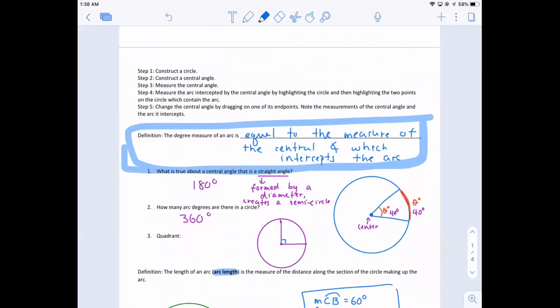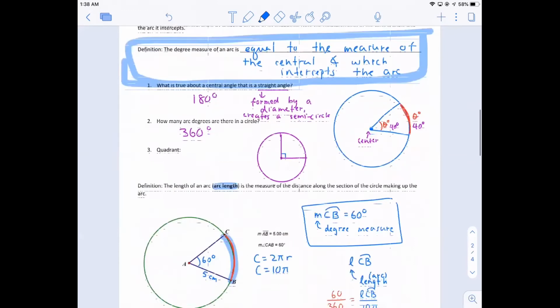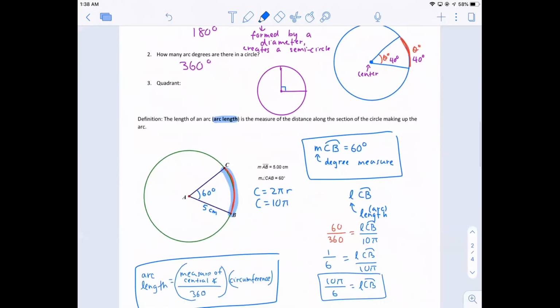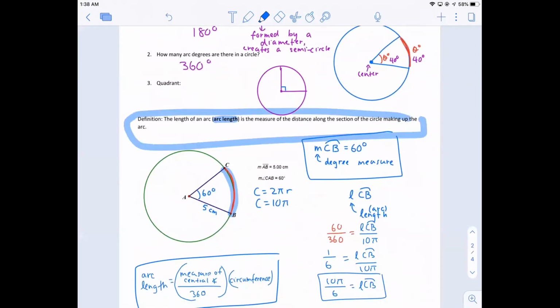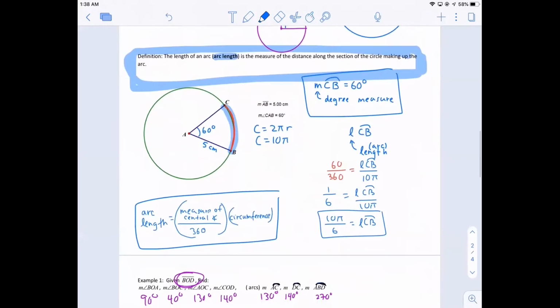And also the converse: if you know the measure of the arc, you also know the measure of the central angle that makes that arc. So vice versa. And this definition of arc length and how to find it by either setting up a proportion or using this formula.